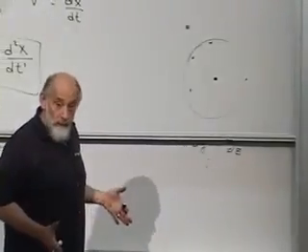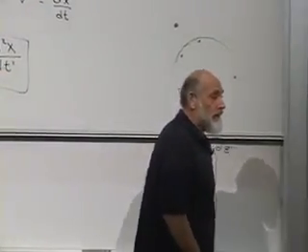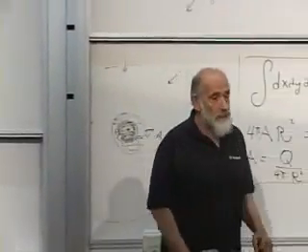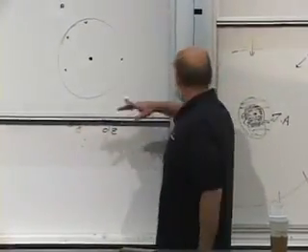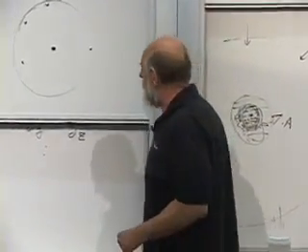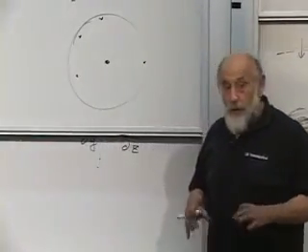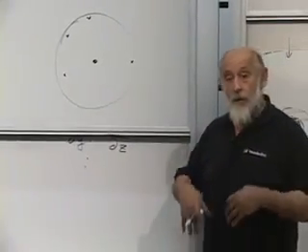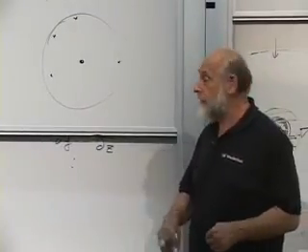It's a great piece of luck for him, because without it, he couldn't have solved his equations. He knew. He had an argument. It may have been essentially this argument. I'm not sure exactly what argument he made. But he knew that with the 1 over r squared force law, and only the 1 over r squared force law, it wouldn't have been true if it was 1 over r cubed, 1 over r to the 4th, 1 over r to the 7th.